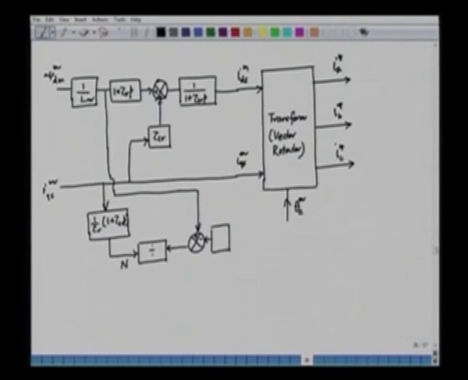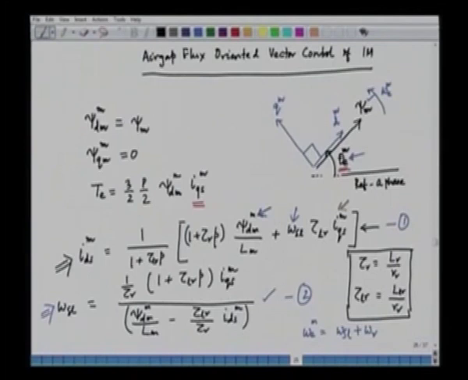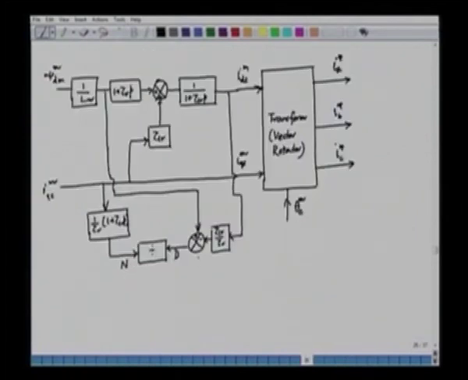We have again a gain block here, tau Lr by tau r, that is obtained from this gain block, and this is IDSM which is fed from the upper current, that is the flux component of current, and then this becomes the denominator. So what we are doing here, we are basically evaluating the denominator, that is psi dm by Lm minus tau Lr by tau r into IDSM. That is what we are evaluating here, and then this becomes the slip speed.